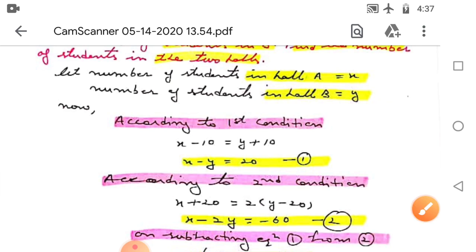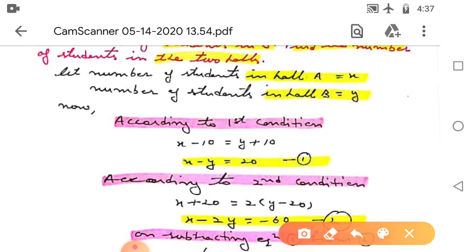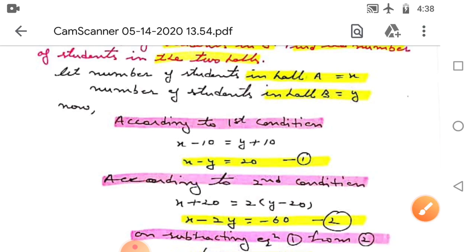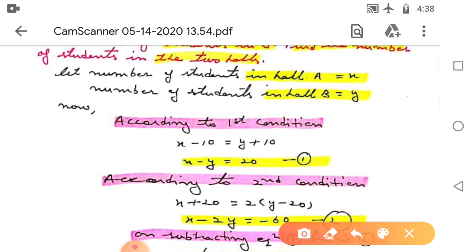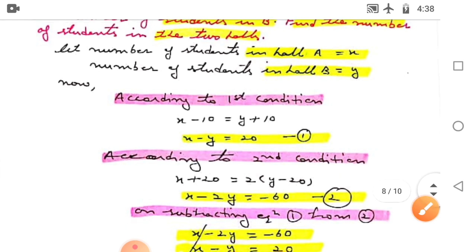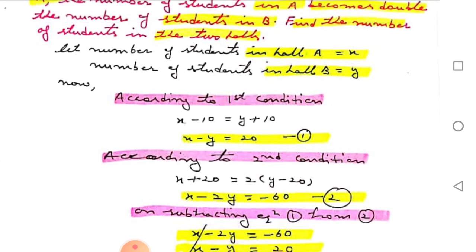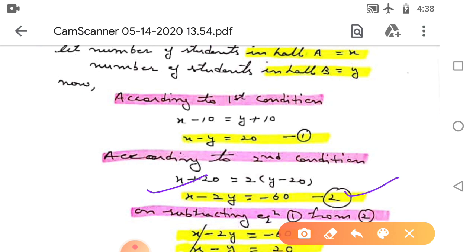But the relation is that this number is double of this, right? So we need to multiply this Y minus 20 by 2 so that they are equal. Clear? Now X minus 2Y is equal to minus 60 and here X minus Y is equal to 20.